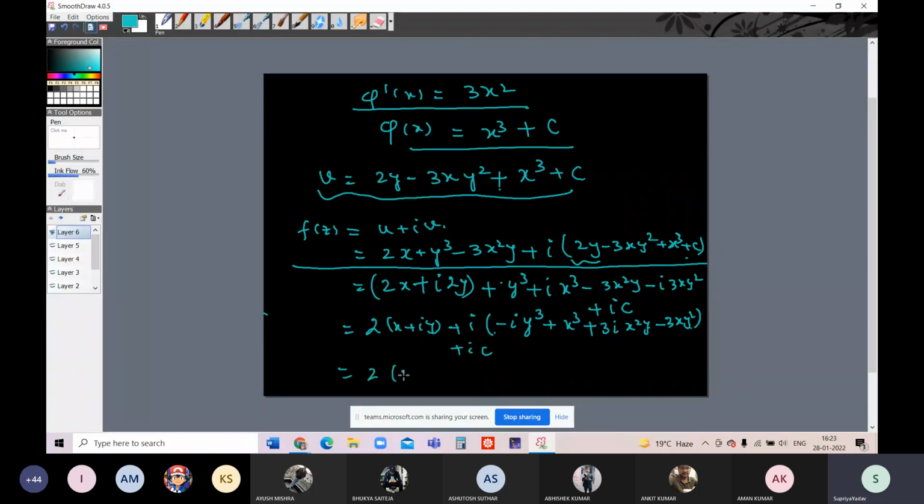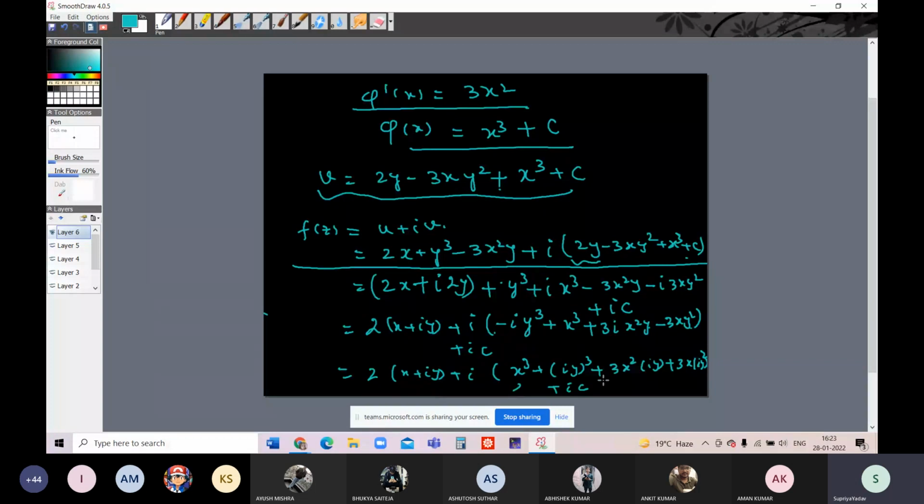So 2 times x plus iy plus i times x cube, i into y whole cube, 3x square i y minus plus 3x iy whole square plus i c.